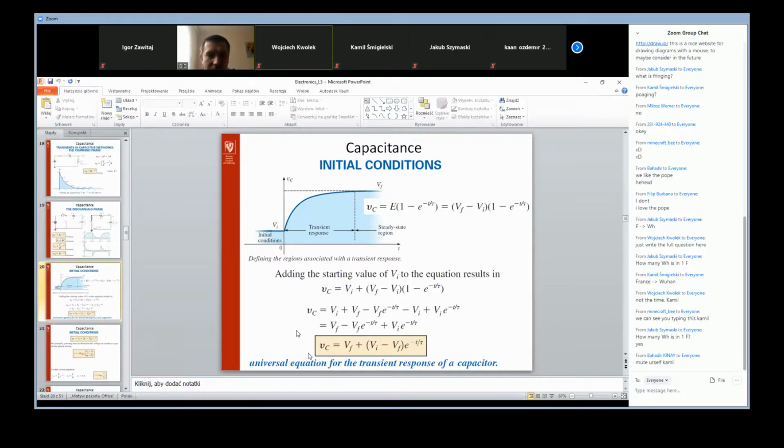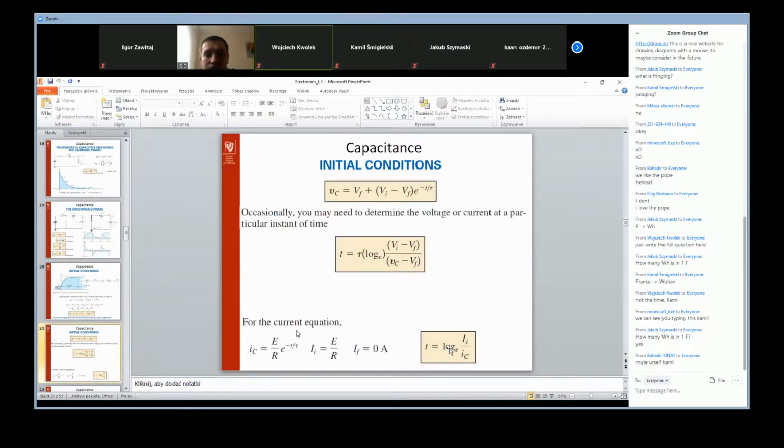If we have the initial condition, take a look at the situation when the initial value is equal to 0. If you put the initial value as 0, as you see, everything will be correct. That's why it is the universal equation. Please remember it.